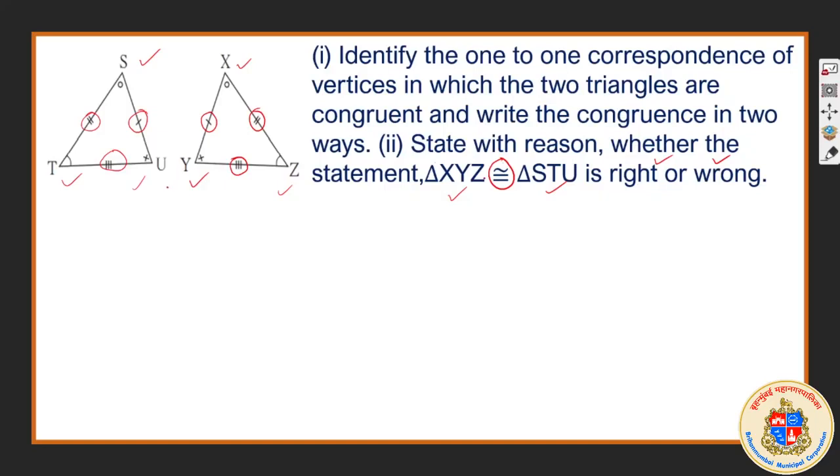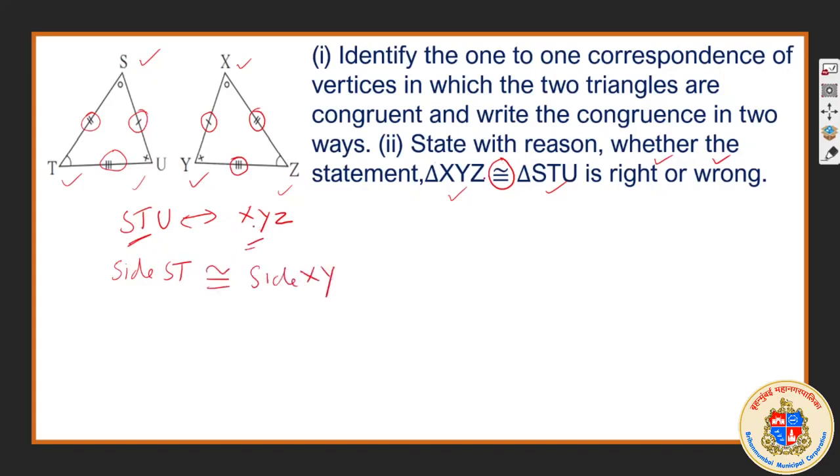If I try to write that STU corresponds to XYZ, I should be in a position to reason. If I write in terms of congruence, if I have to write side ST, in the first triangle I have taken these two, then I should take it as congruent to side XY.